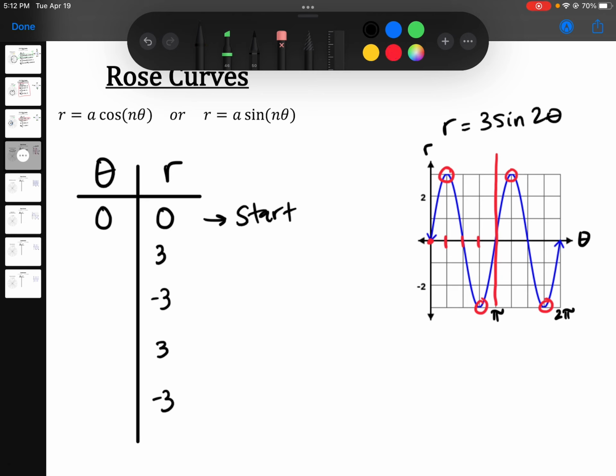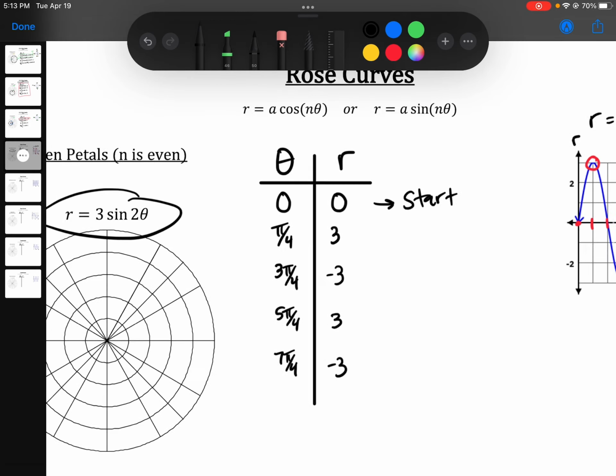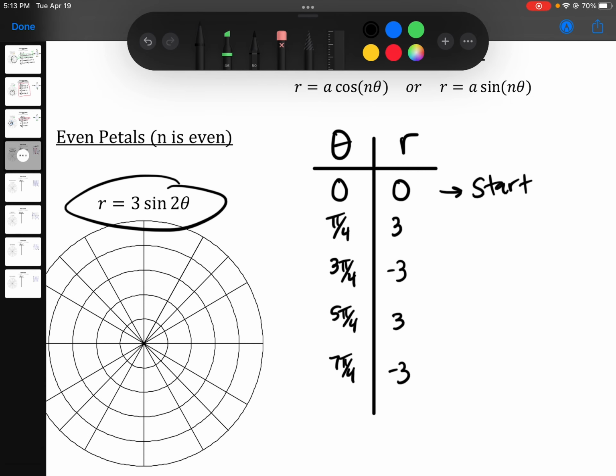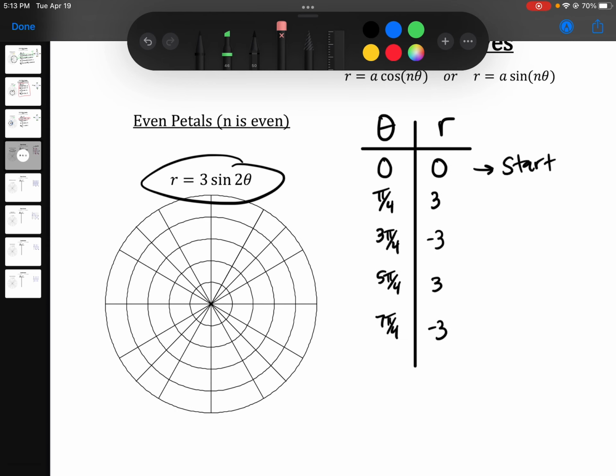So the first angle would be at pi fourths, then 3 pi fourths, 5 pi fourths, and 7 pi fourths. And you'll notice if I actually plug in pi fourths for theta, 2 times pi fourths is pi halves. 3 times sine of pi halves does in fact give you positive 3. So the graph just helps us plug numbers in faster.